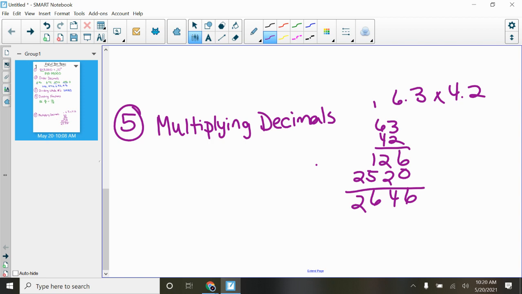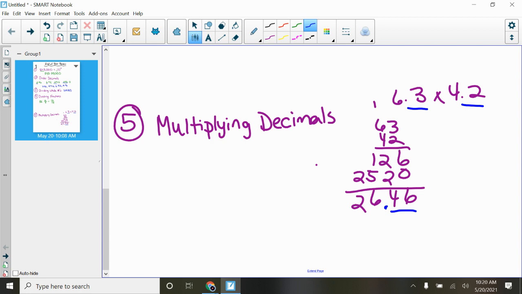Not before the decimal, after the decimal. You gotta count how many digits sit after the decimal in the problem. Okay, so in this example, how many sit after the decimal? 2. So in the answer, there needs to sit 2 digits after the decimal. So you were right, because in this example, the numbers before and the numbers after both are the same.